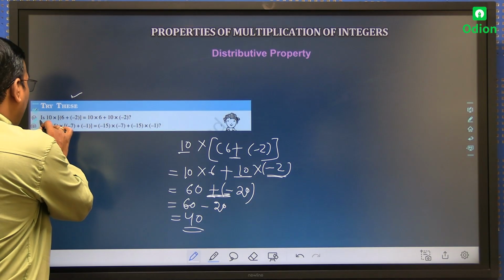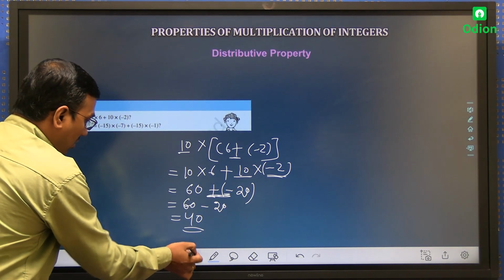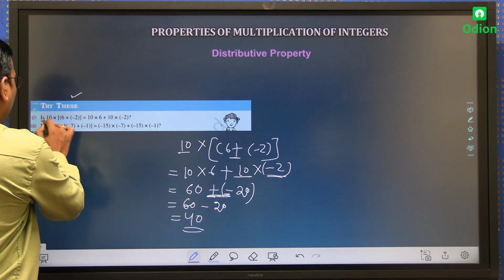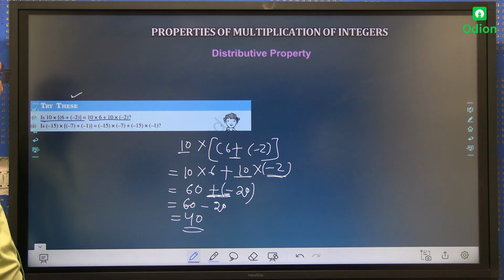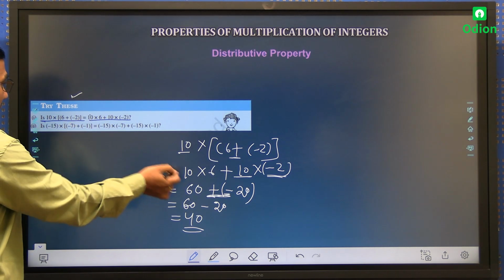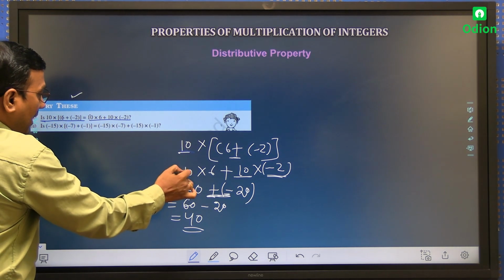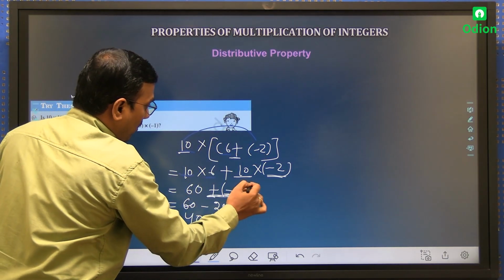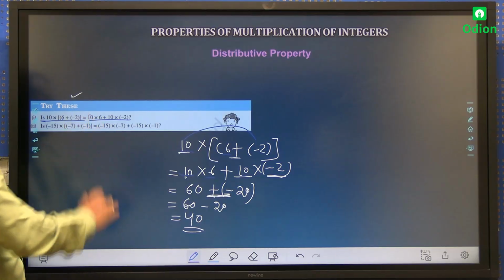Whether this statement is correct or not. This statement is correct because 10 is multiplied with 6, then again multiplied with 2.